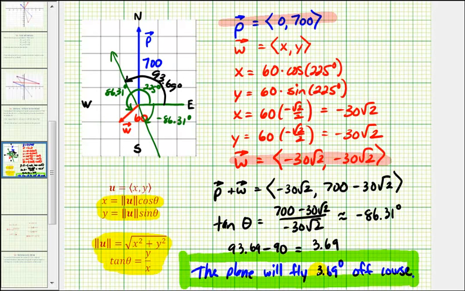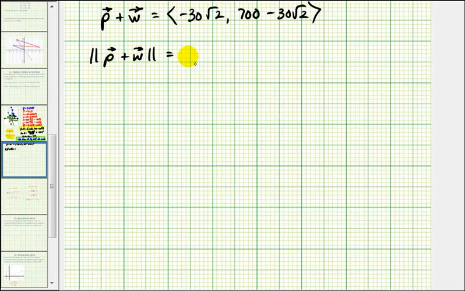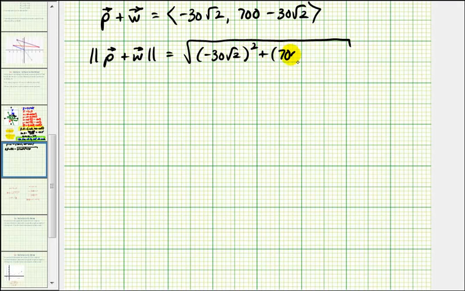Now for the second question, we want to find the plane's speed relative to the ground, which would be the magnitude of our resultant vector here. Let's go ahead and find the magnitude of this on the next slide. So the magnitude will be equal to the square root of x squared plus y squared, or negative 30 square root 2 squared plus 700 minus 30 square root 2 squared.